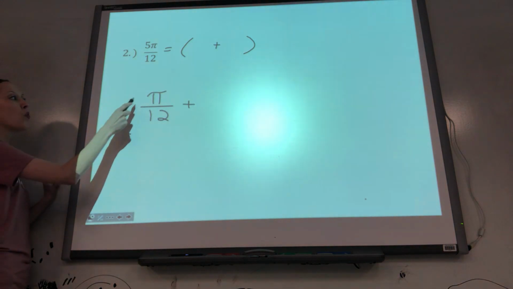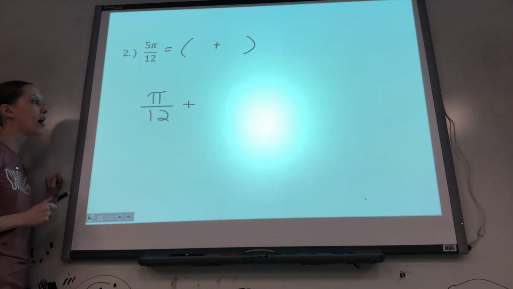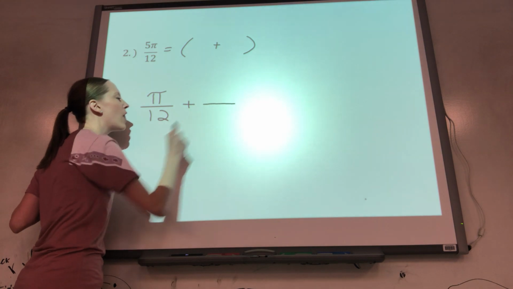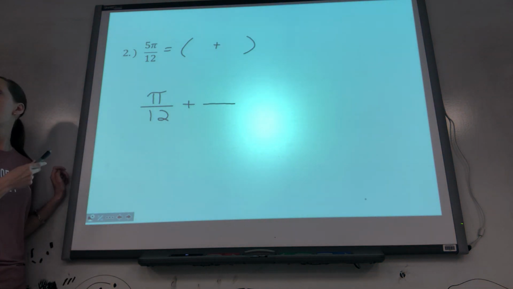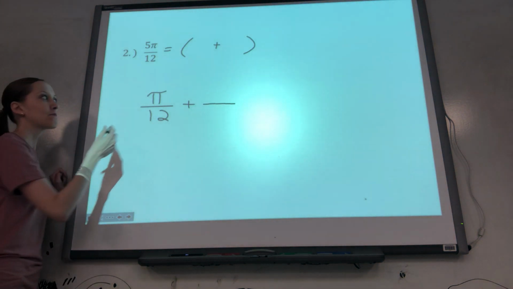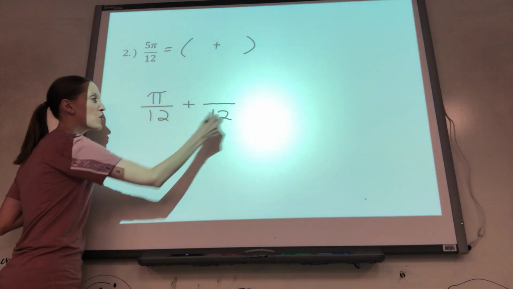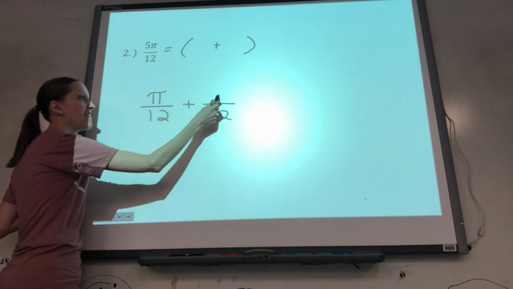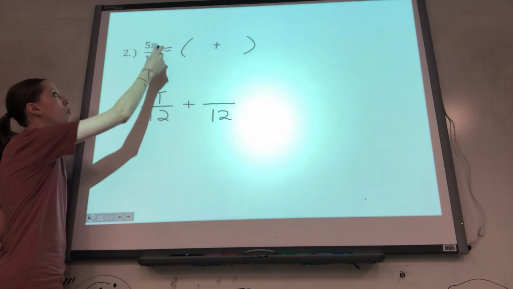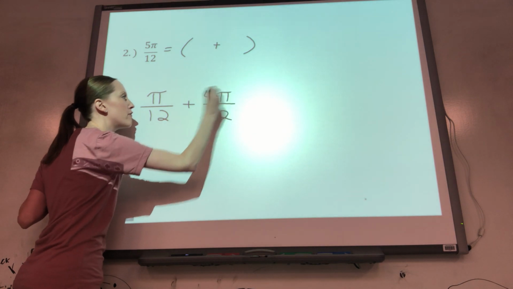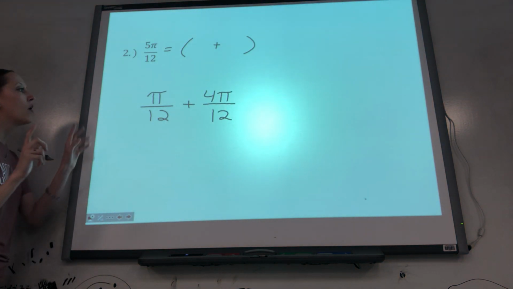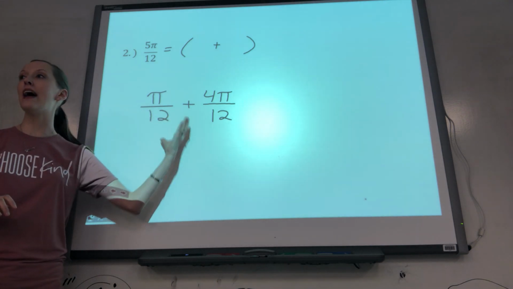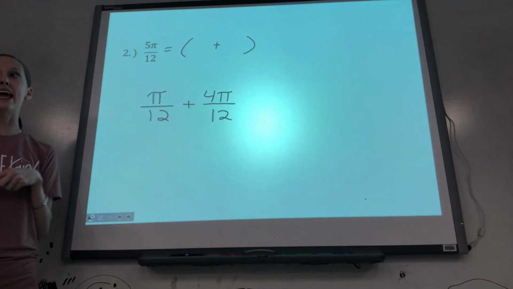Okay, if this is 1 pi over 12, 1 pi over 12 plus what would equal 5 pi over 12? You know you need a 12 on bottom, so 1 pi plus 4 pi would equal 5 pi. Let me put that 4 pi up there. Now, the whole point of this is to find a pair of angles on handy dandy.